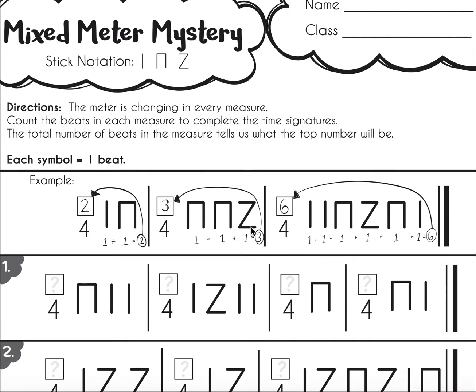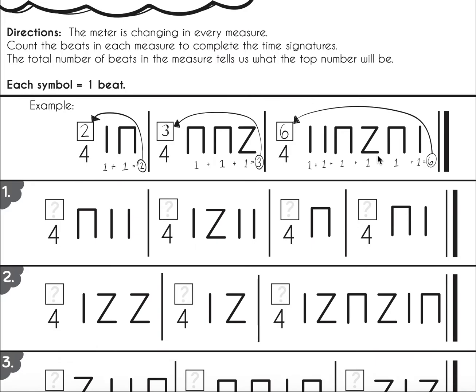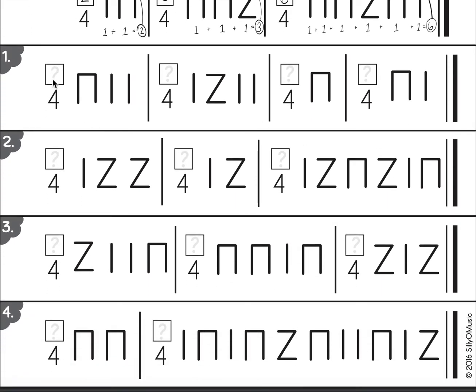And then the next page you have is called Mixed Meter Mystery. The directions are the meter is changing in every measure. Count the beats in each measure to complete the time signatures. The total number of beats in the measure tells us what the top number will be. So very similarly, you're just counting however many beats you have and putting that top number into the box here.